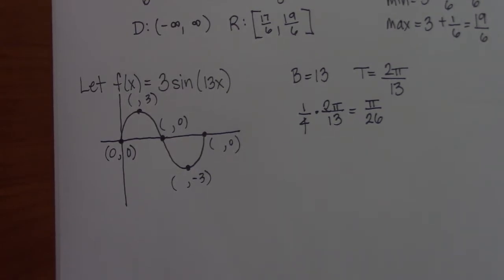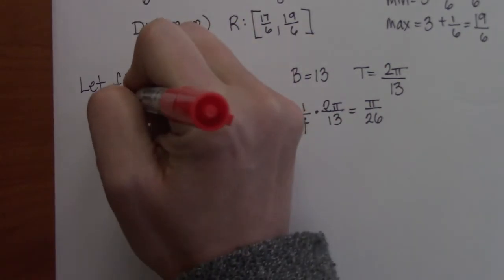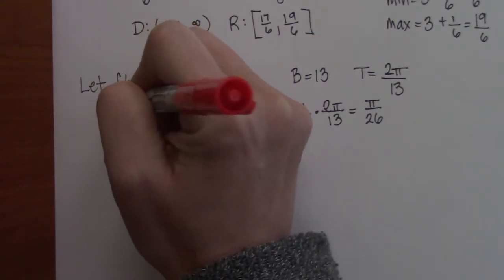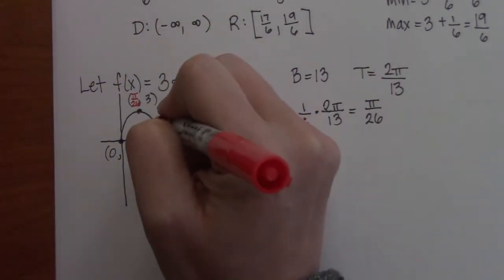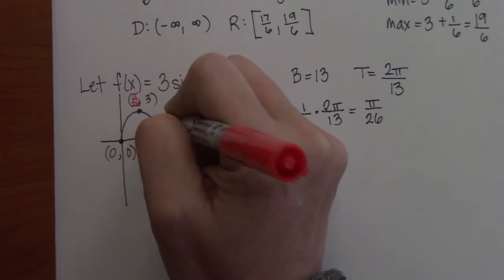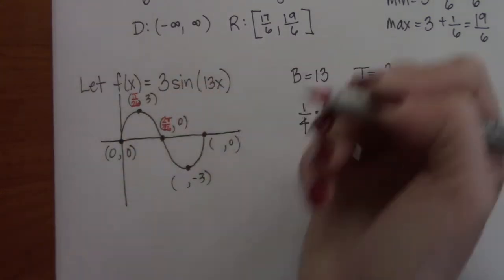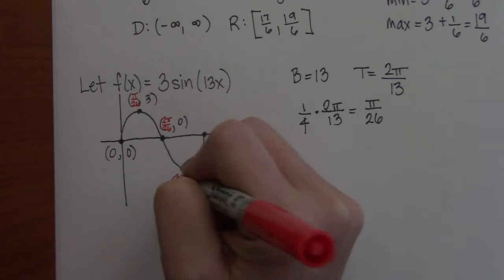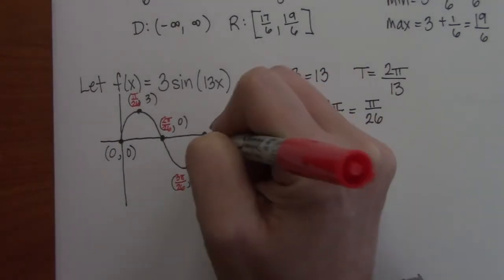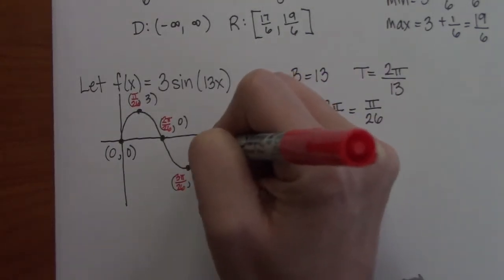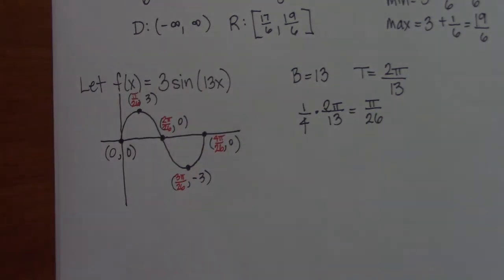Since we're starting from 0, it's really easy to count across. We go from 0 to pi over 26, then another pi over 26, so that's 2 pi over 26, and then we're at 3 pi over 26 and 4 pi over 26. So we went 1, 2, 3, 4 across.